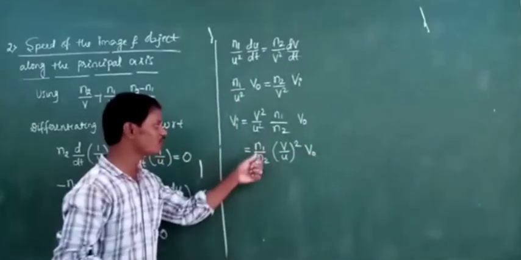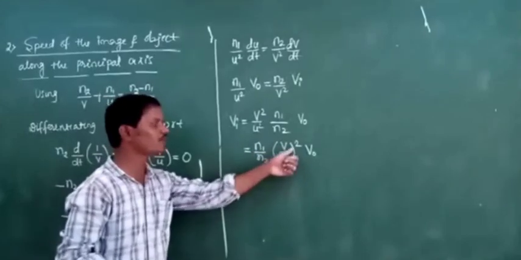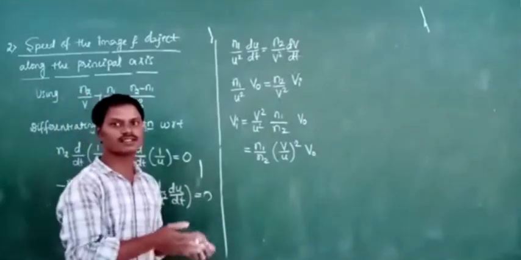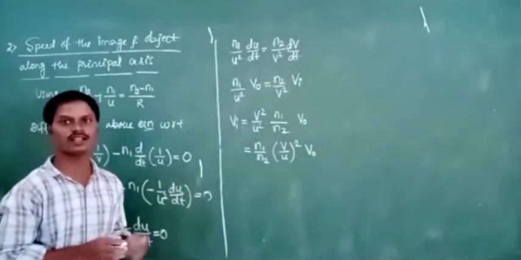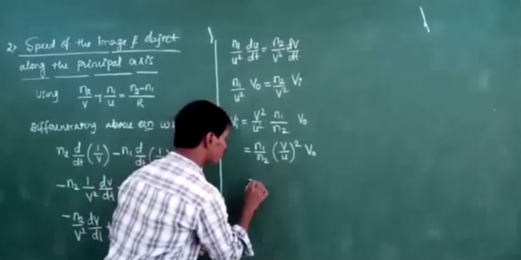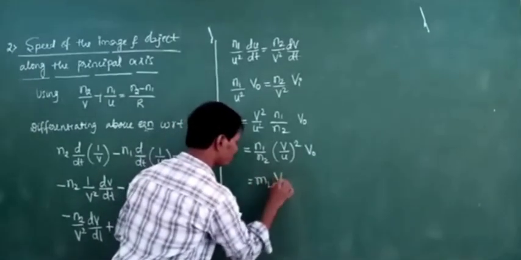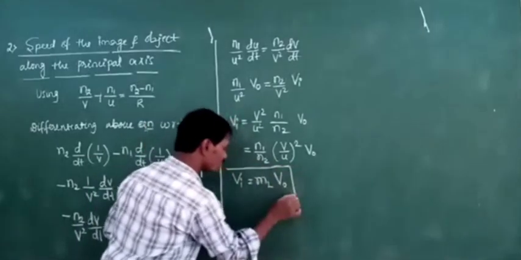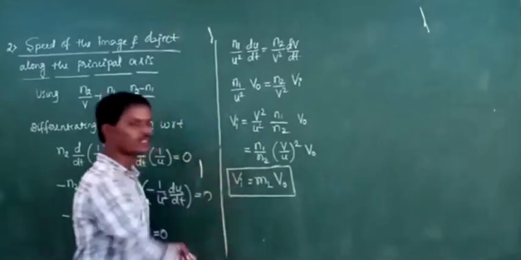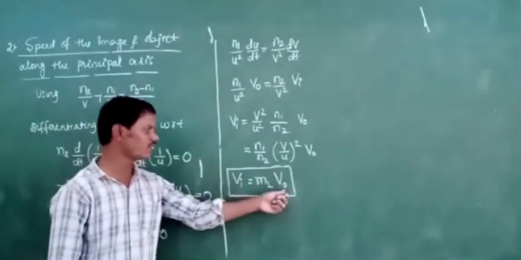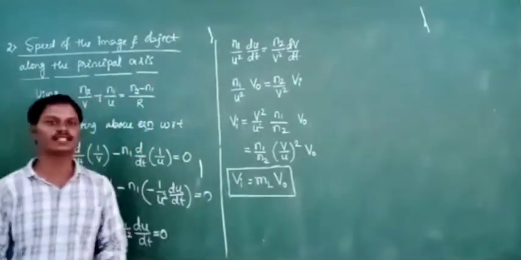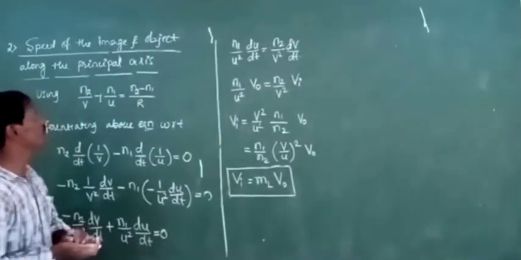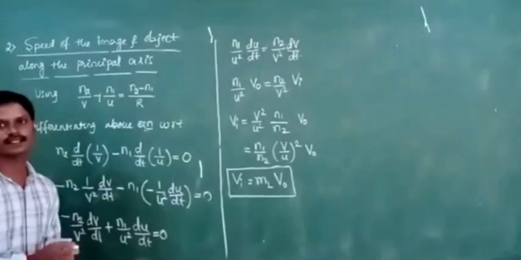It is the relation. So what is n1 by n2 into v by u whole square? That is longitudinal magnification. In the previous case we discussed longitudinal magnification. I will write it as ml. So vi equals ml into vo. This is about the speed of the image, the speed of the object, and longitudinal magnification, and it is the relation between the speed of the image and the speed of the object along the principal axis. Next.